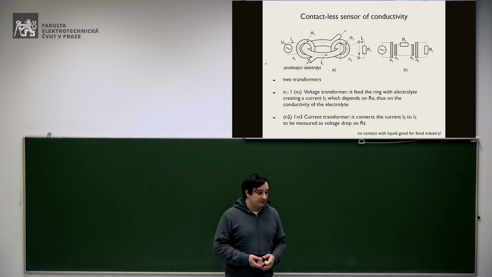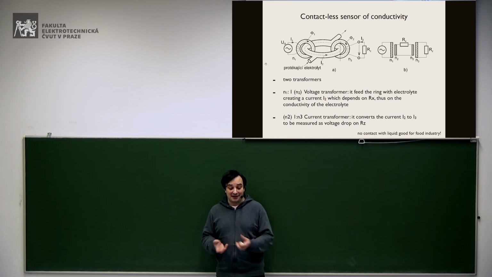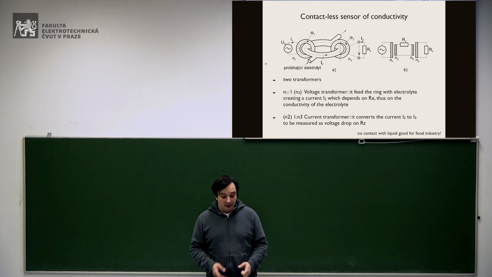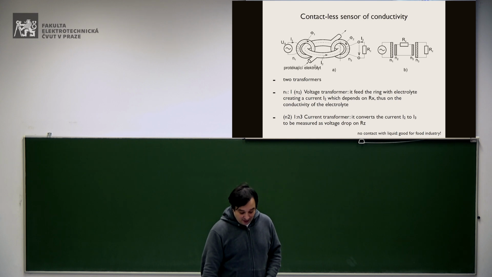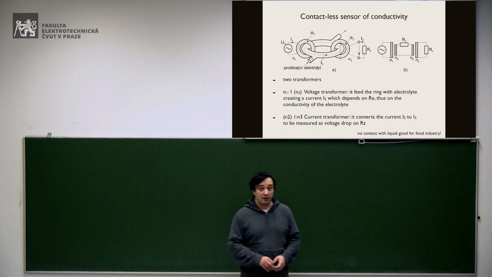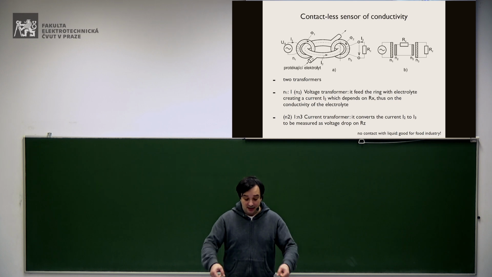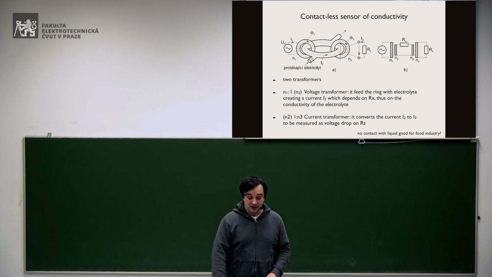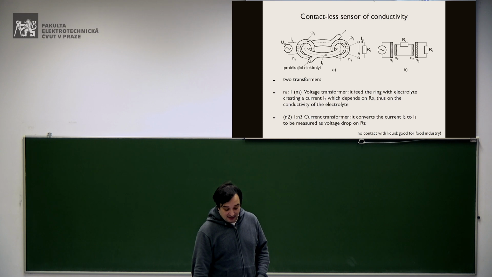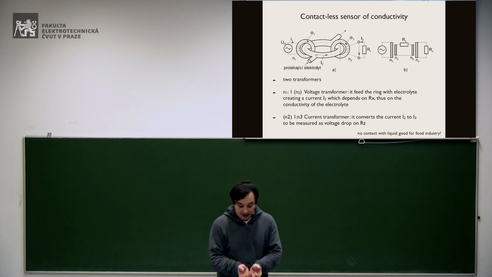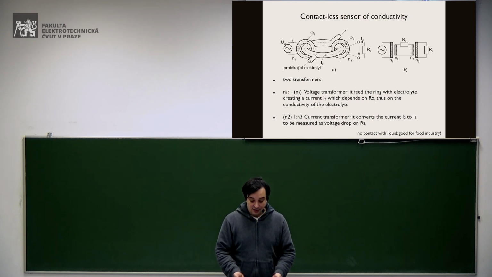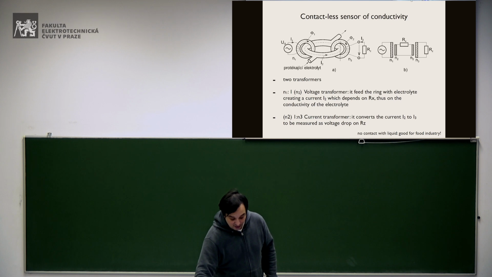Basically, this system is composed of two transformers, even if it doesn't look like it from this sketch. Here in the drawing, you see that you have a pipe where you bring the liquid you want to measure the conductivity of. And then this pipe splits into a ring, it joins back on the other side, and it continues. So just imagine that the electrolyte arrives at this ring, it splits, and it goes through this ring, and then it continues the other way.